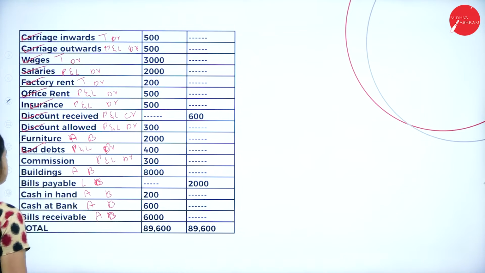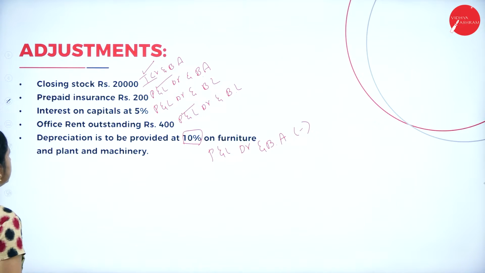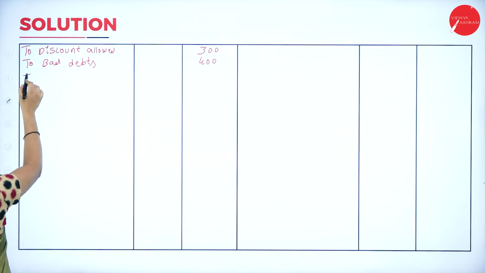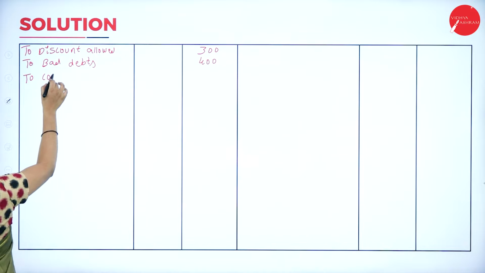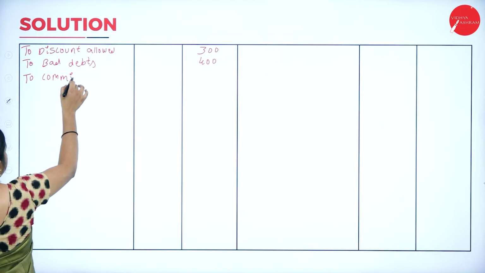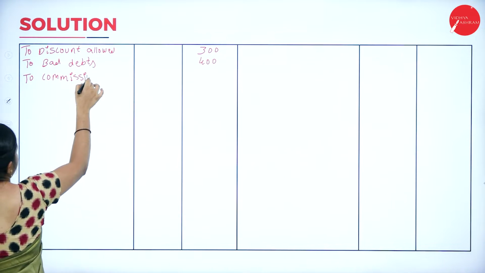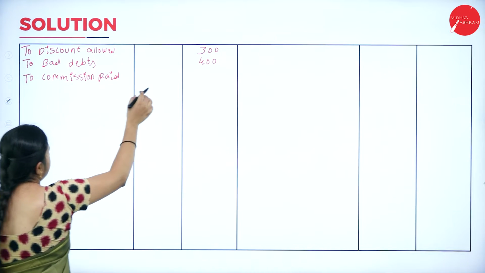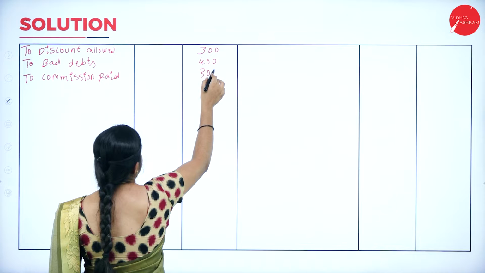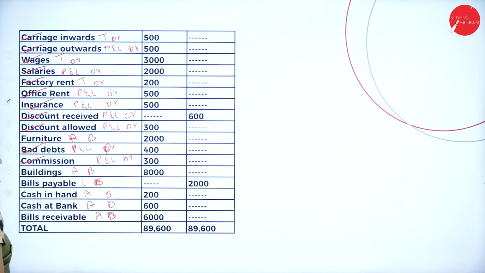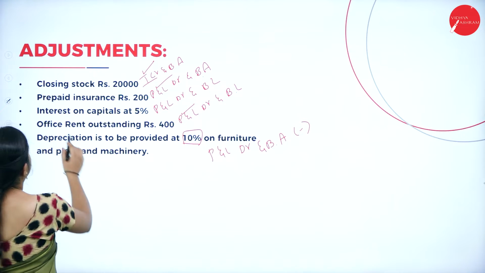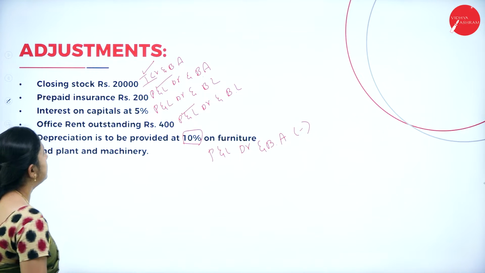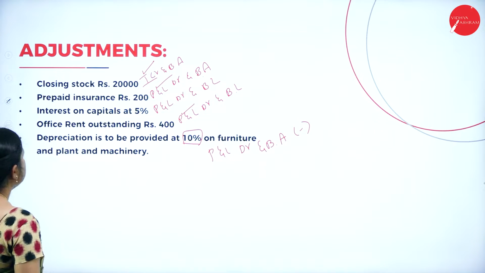Next, commission paid 300. To commission paid 300. Next, here we have interest on capital at 5%. So just see the capital amount.